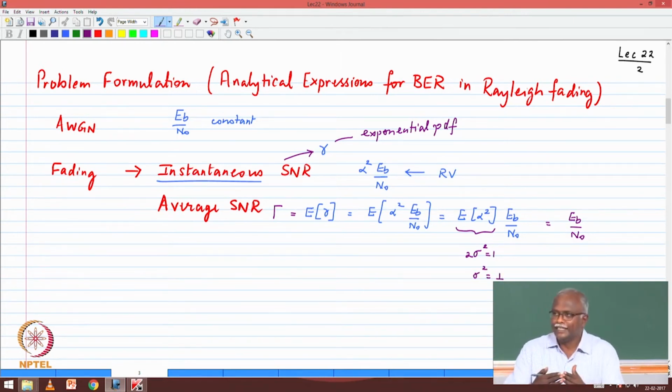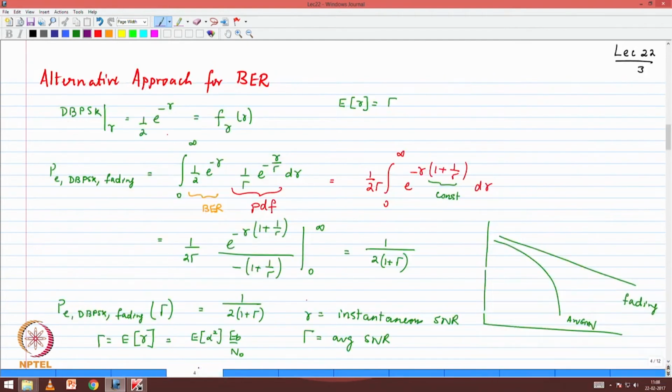Then you will get the net variance 2 sigma squared to be equal to 1, and that means that your average SNR in the fading channel will be the same as the SNR in an AWGN channel. Again, this is the environment in which we will do most of our comparisons.